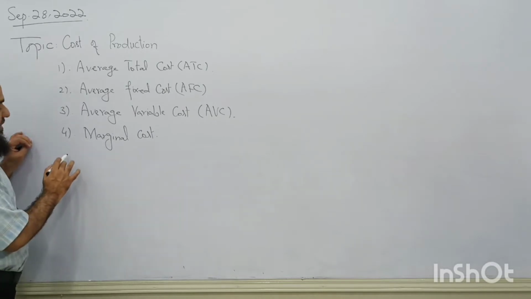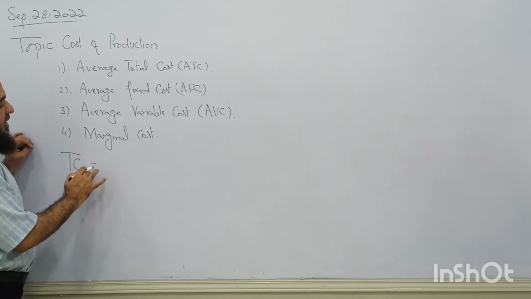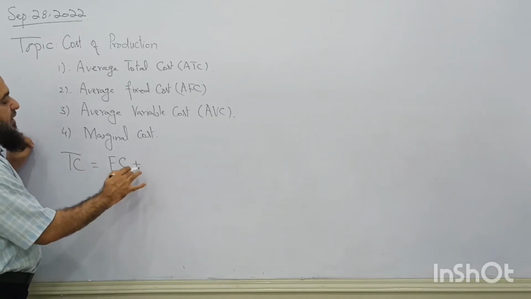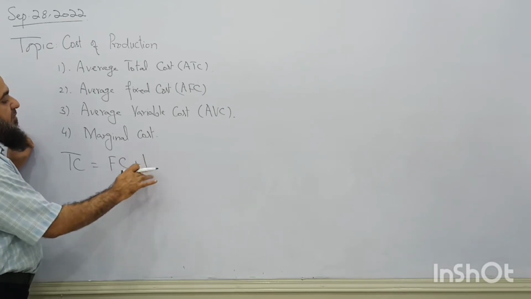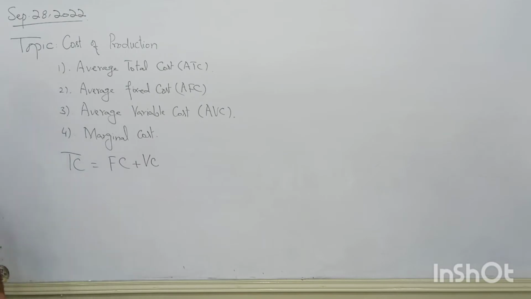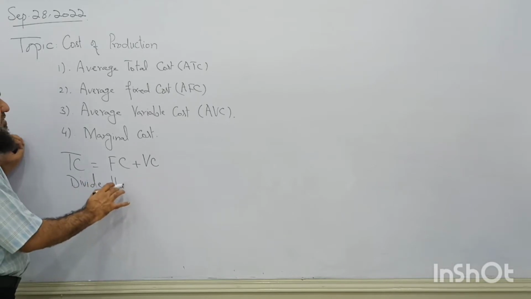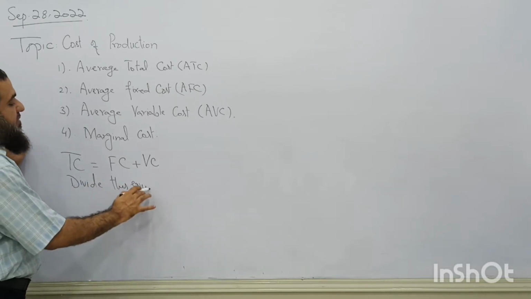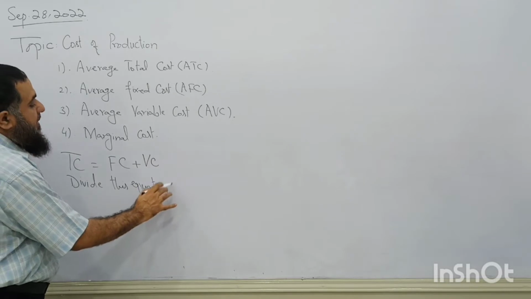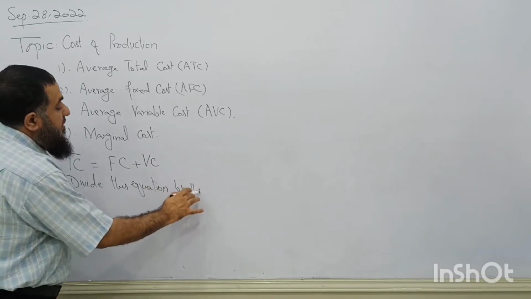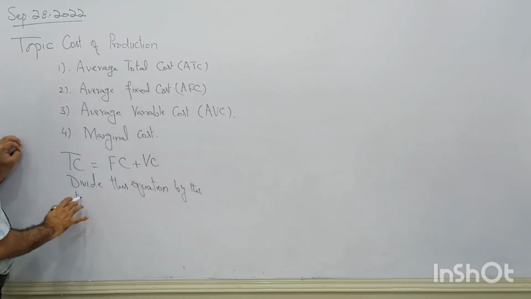So we studied what is meant by total cost, that is fixed cost plus variable cost of production. Now divide this equation by the total quantity produced.